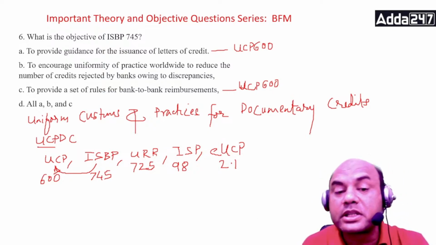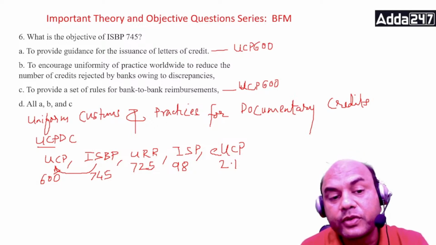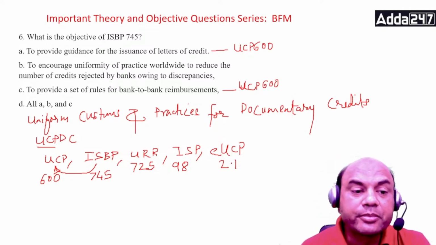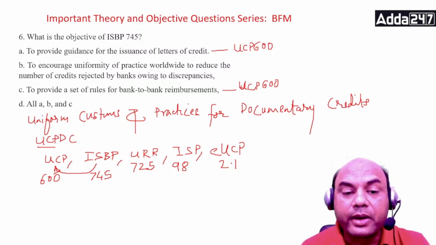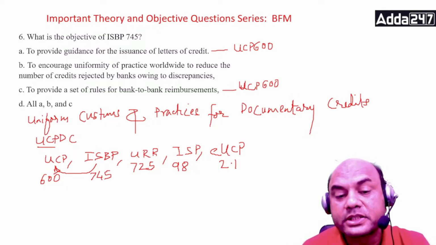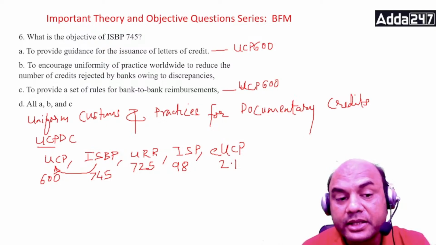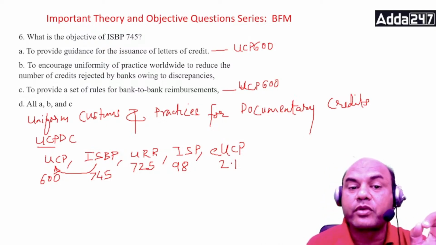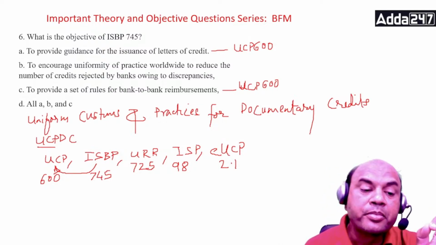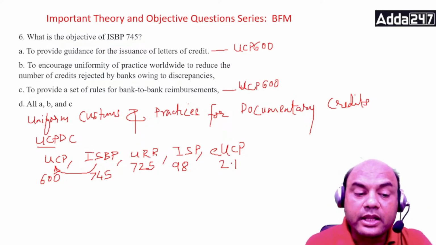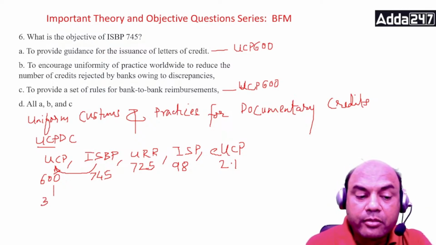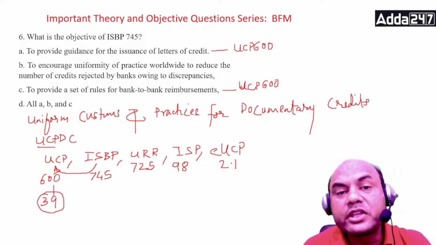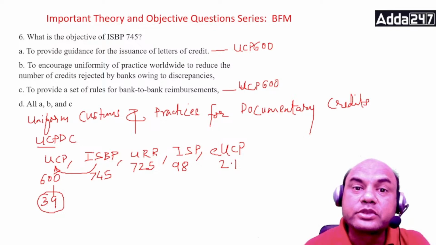Now the question remains, what is the objective of ISBP? The ISBP is to encourage uniformity of practice worldwide, to reduce the number of credits rejected by banks owing to discrepancies. Now what do you mean by this? Understand, it's very important from your CAIIB point of view also. UCP has a total of 39 articles, but they are difficult to understand and each person interprets them in his own language.